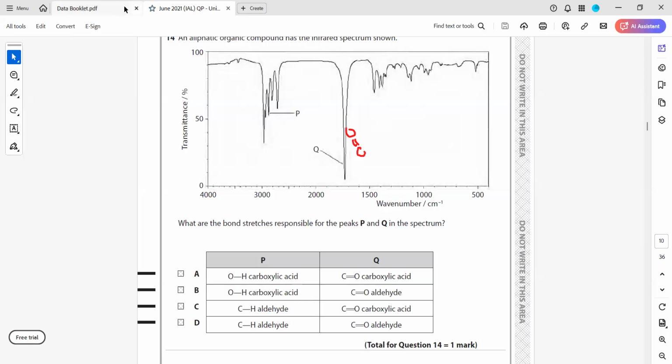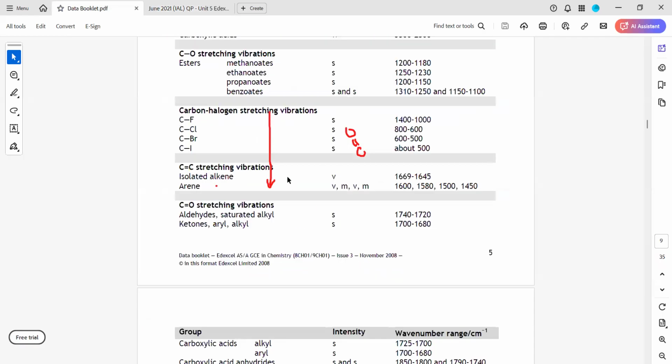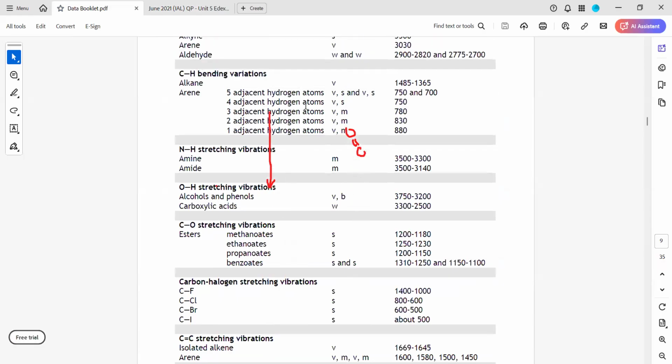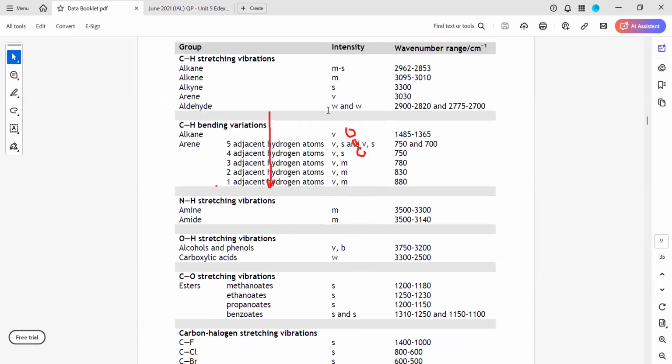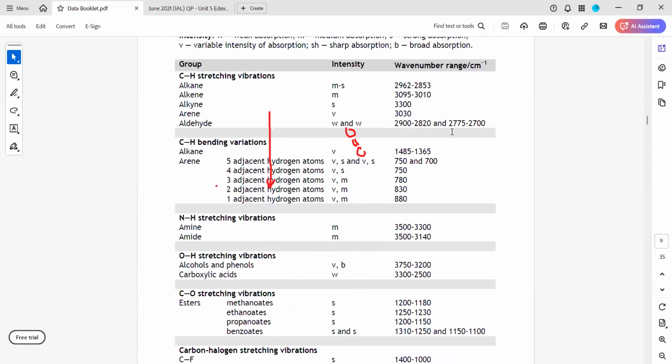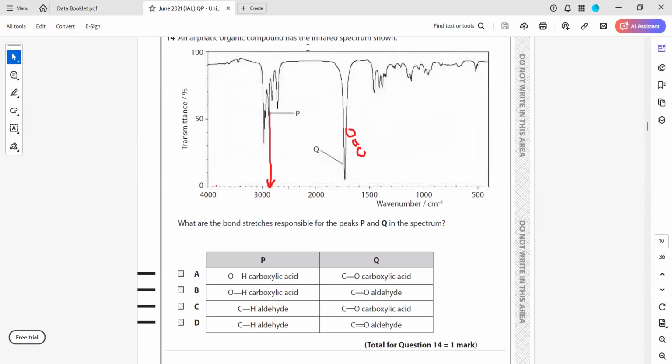When we check, it's around 2800 or 2900. When we check the CH for an aldehyde, it's 2900. So both match with aldehyde. Is it clear?